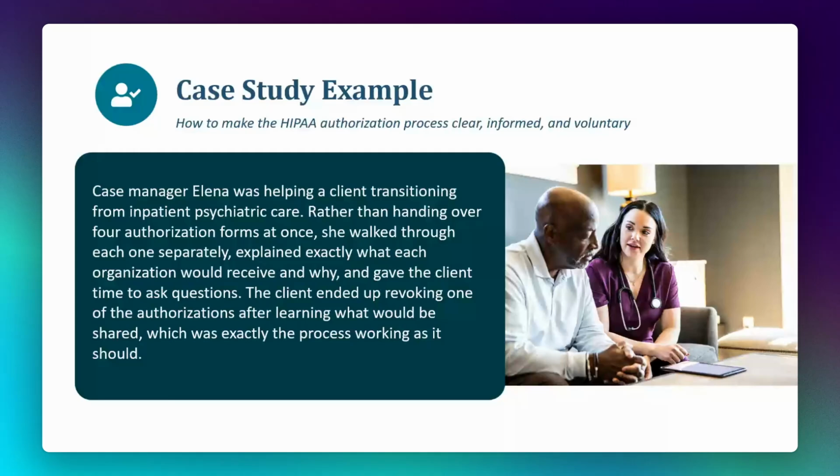The client ended up revoking one of them after understanding what would be shared. This is the process working exactly as HIPAA intended. The client has agency, and the case manager has coverage, knowing that their client is fully understanding what they're sharing.